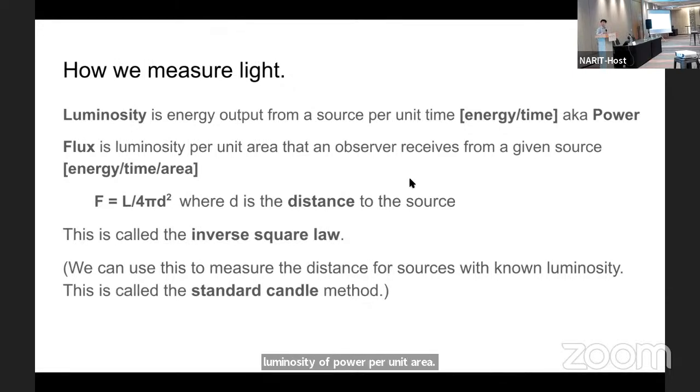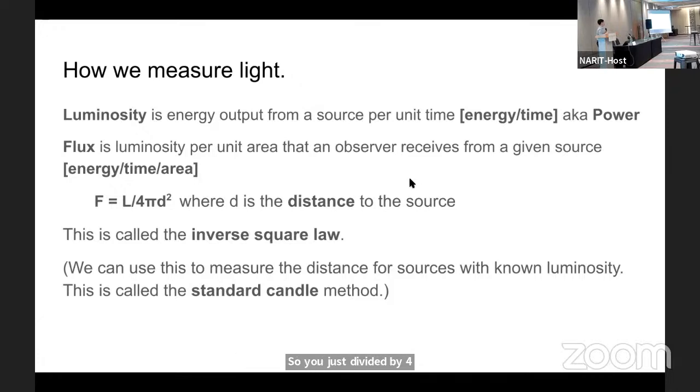This is simply luminosity divided by the surface area of the sphere with the radius equal to the distance between the source and us. This is because you assume that the light is isotropic, that it goes equally in all directions. So you just divide it by 4 pi d squared, where d is the distance.